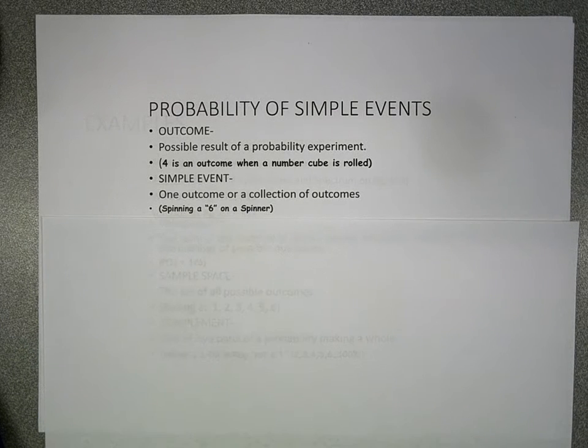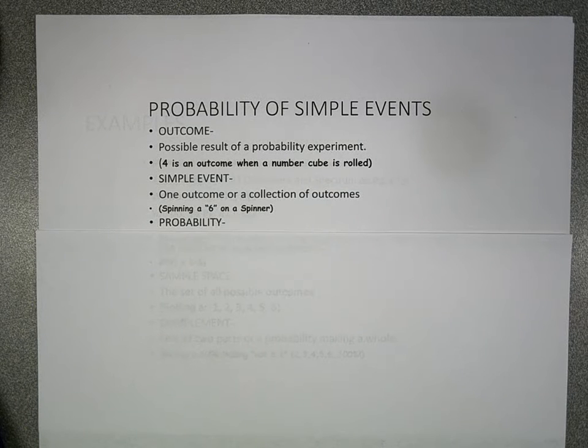A simple event would be something like you're going to play a game, trying to spin a 6 on a spinner. You have one of those old-fashioned spinners, you're spinning it, and one section is a 6. That's one outcome during the game, and the game, of course, is that simple event.